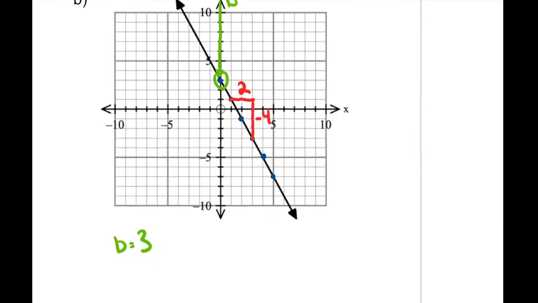For my slope, or my m value, using rise over run, my rise, or vertical change, is negative 4 over the run, which is positive 2. So my slope is negative 4 over 2, or negative 2. This does make sense because we can see our line is decreasing, so it makes sense that we have a negative slope.